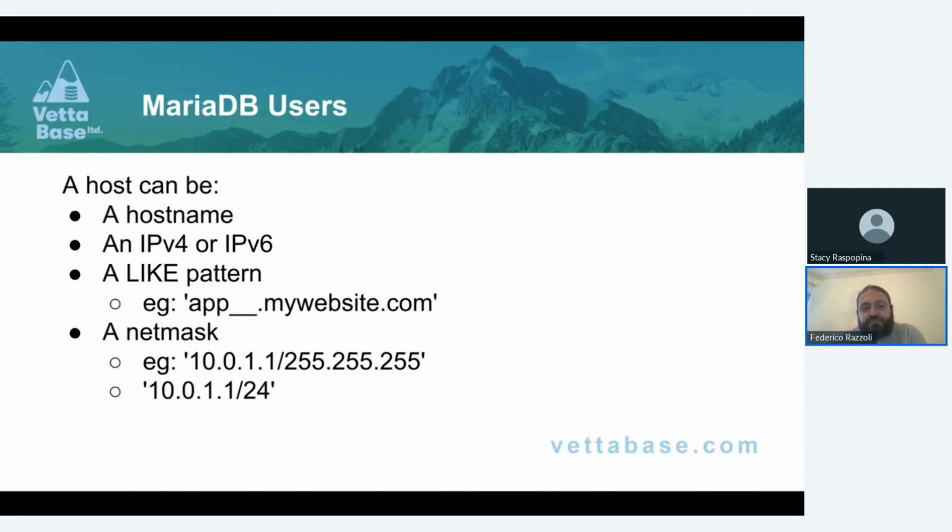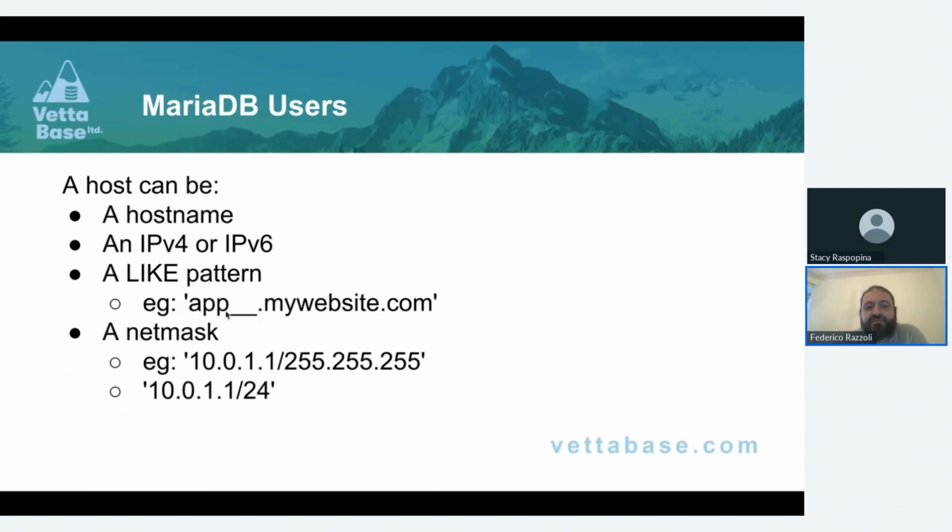The percent symbol means any string, or even no characters at all. And the underscore means a single character, but any character. Basically, in this case I have put two consecutive underscores.